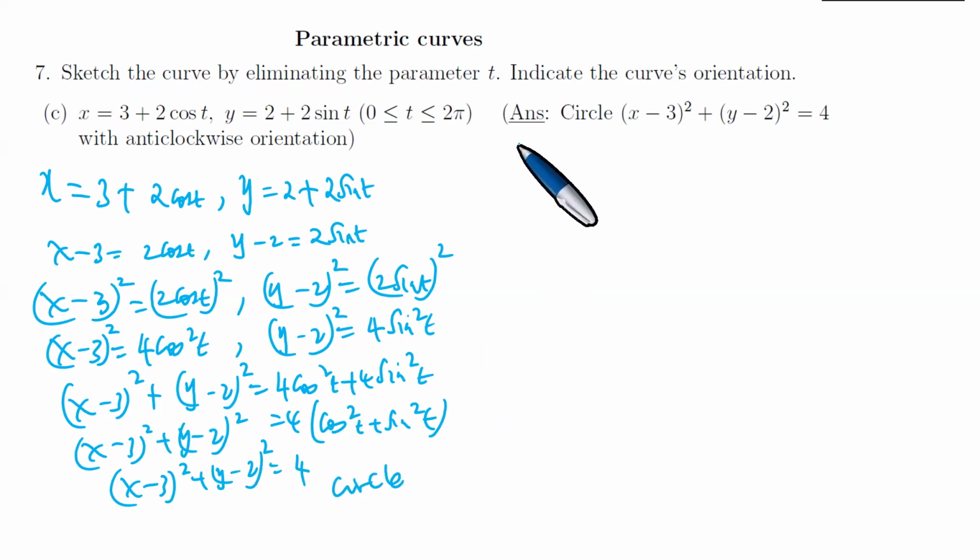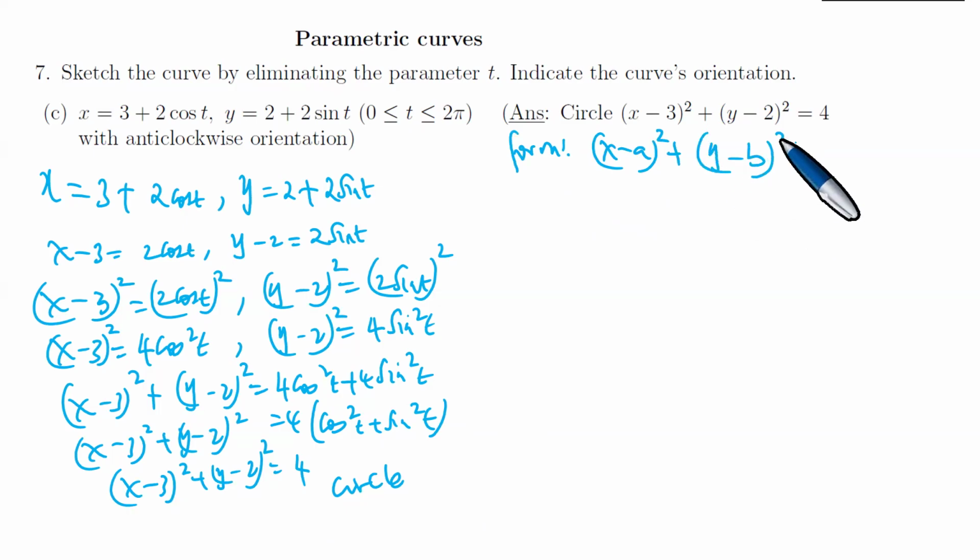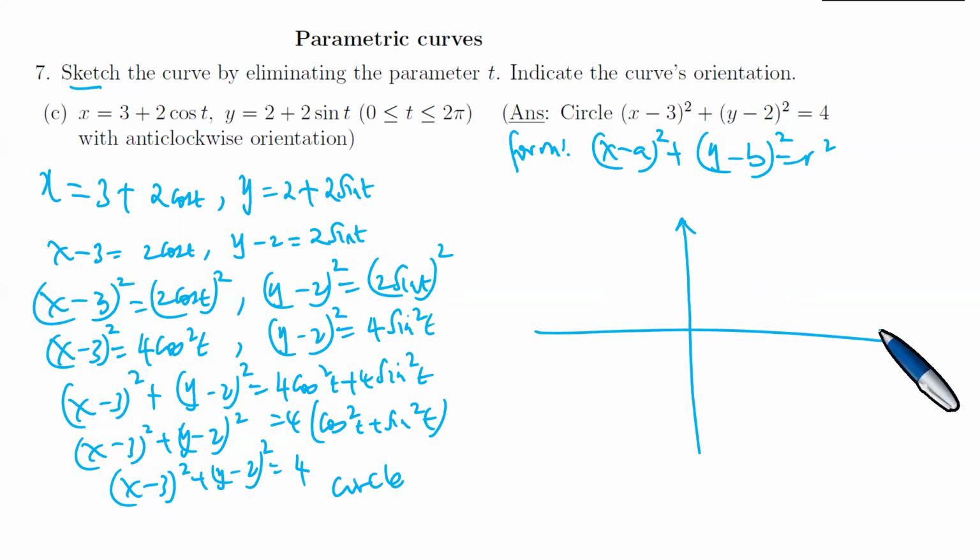This is a circle because it's of the form x minus a squared plus y minus b squared equals the radius squared. So we're going to sketch a circle. We need to sketch y against x. So the center is x is 3, y is 2.